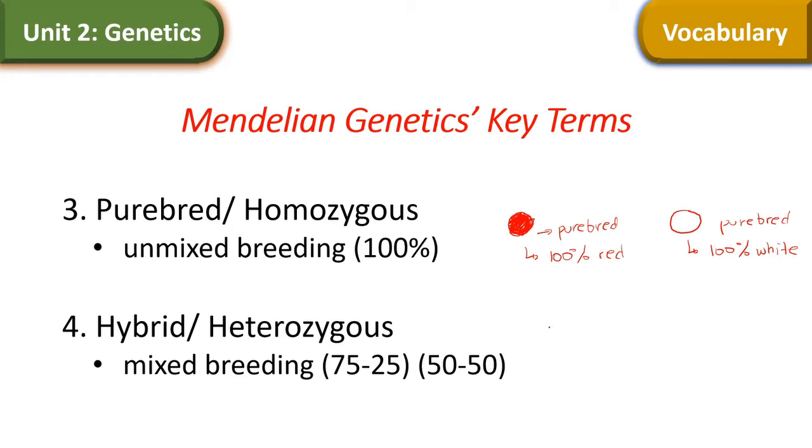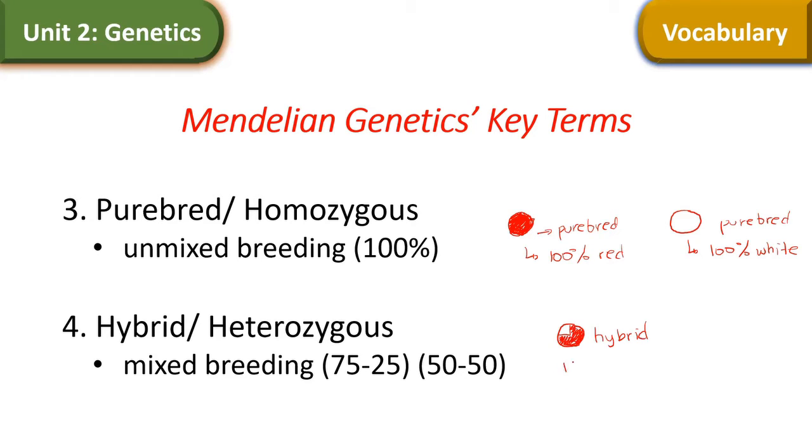Number 4 is hybrid. So again, I have here a circle. However, I only shade this part red. So this is what you call your hybrid. There is a section of the circle that is not colored.